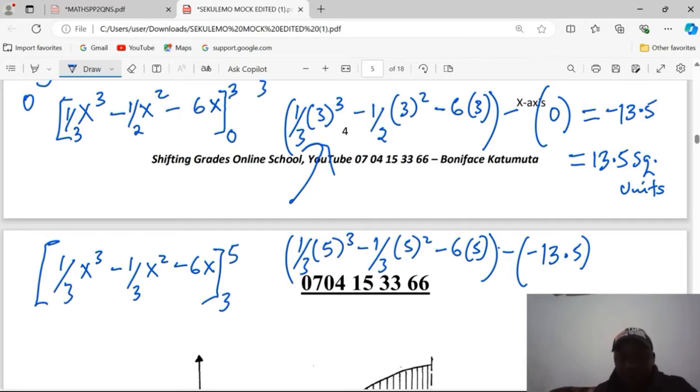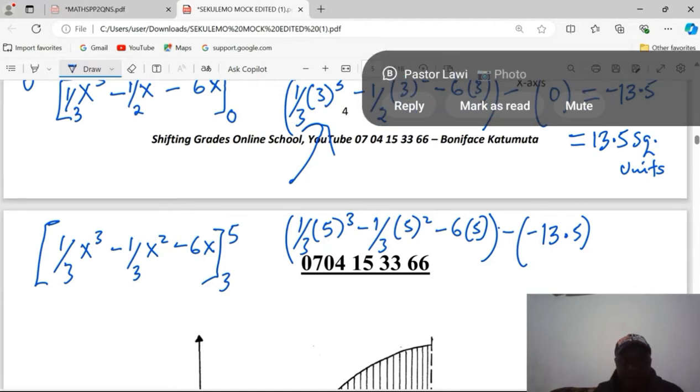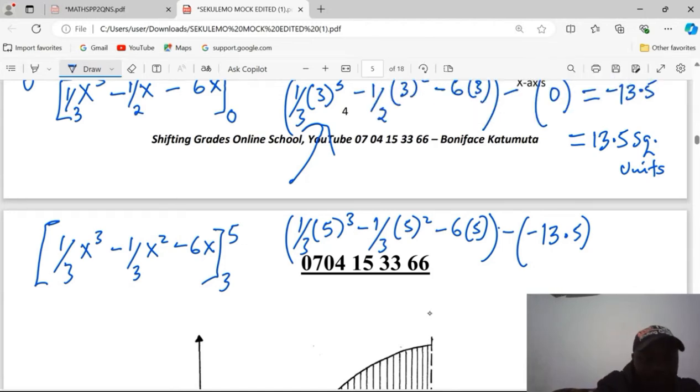Okay, thank you. Now we can finish up a third, then we will have 5 cubed minus again. Remember, this is half. Sorry, this is supposed to be half. Then 5 squared minus 6 into 5.